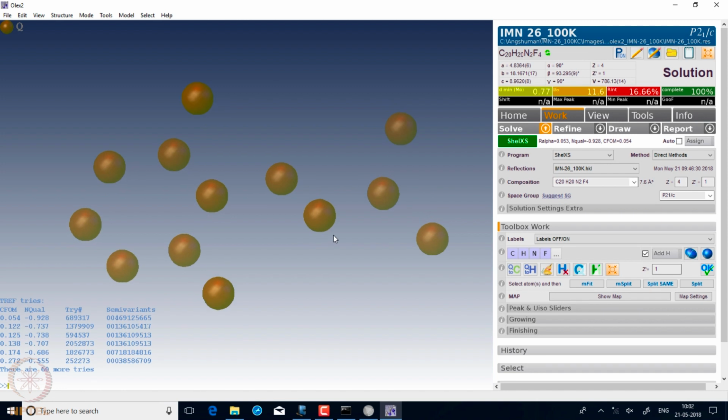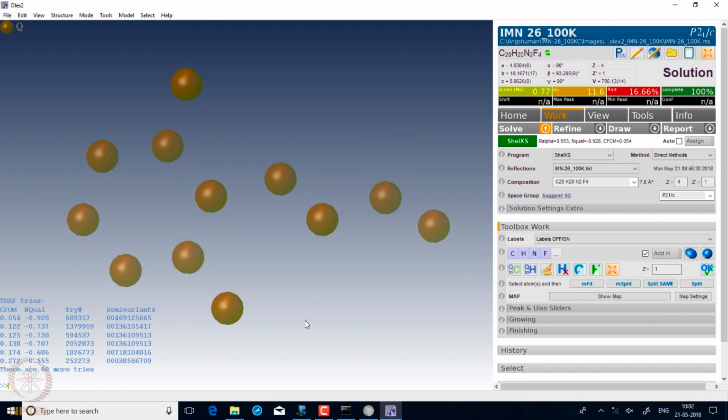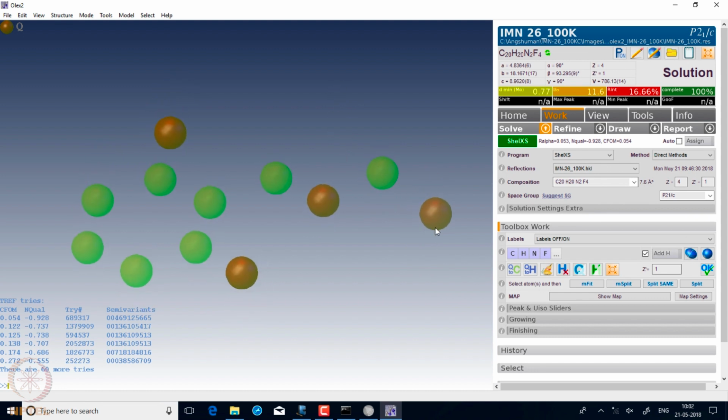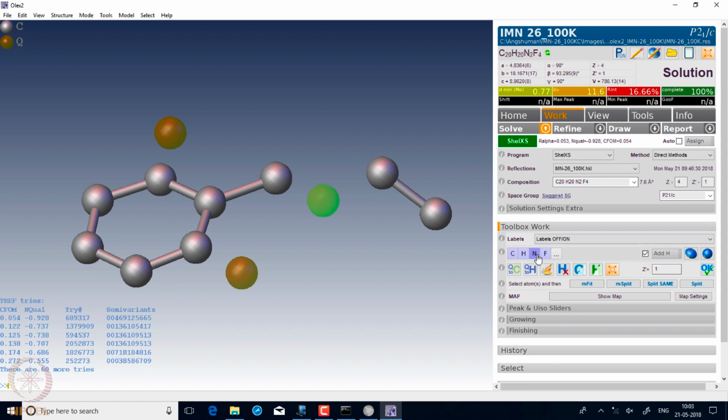Now we apply our chemical knowledge of what compound it could be, choose atoms by clicking, and identify them as carbons. This one is probably nitrogen, I guess. We will see whether my guess is right or wrong in a while. And those two are fluorines.